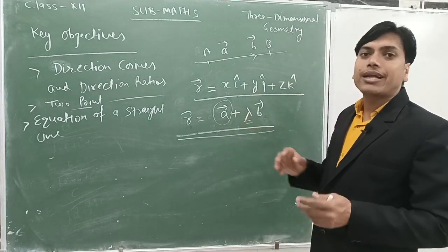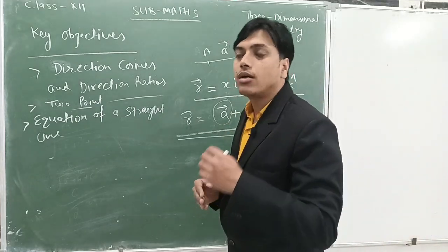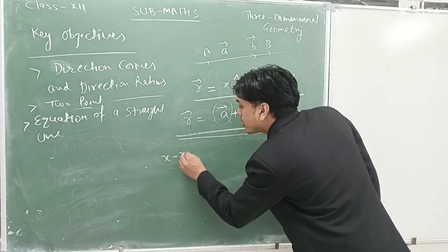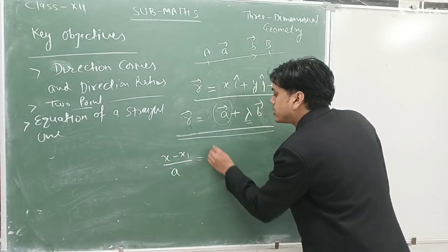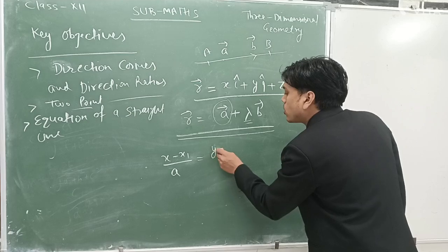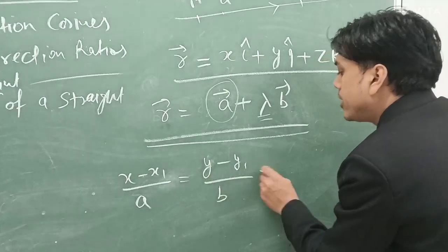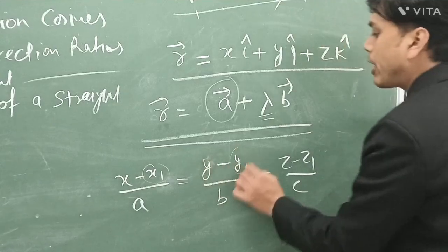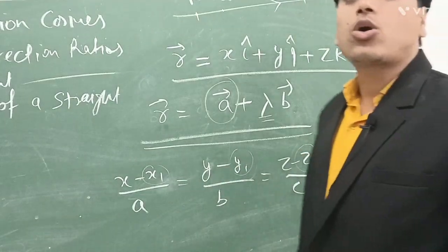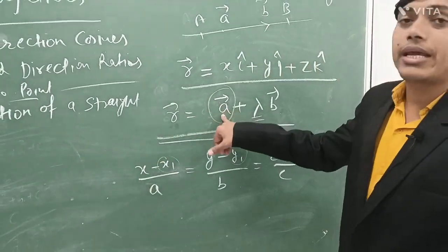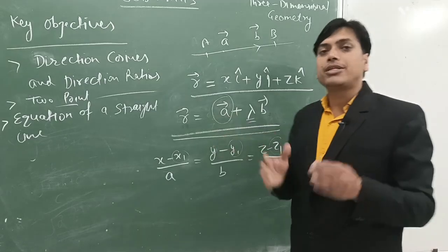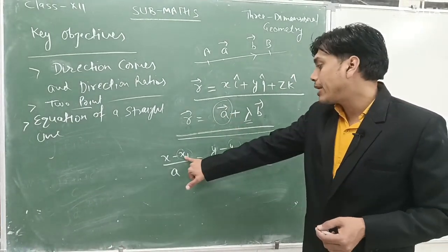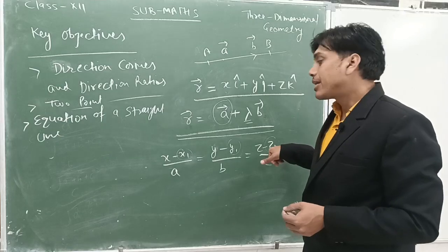It can be written in Cartesian form also. The Cartesian form is x minus x1 by a is equal to y minus y1 by b is equal to z minus z1 by c. What are x1, y1 and z1? These are the coordinates of the point vector a. If it is written as a vector, then vector a will be equal to x1i plus y1j plus z1k.